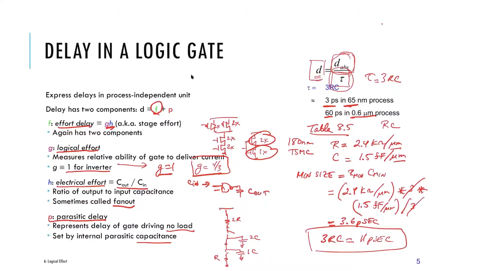So if there's nothing being driven, we still have this 3C's worth of capacitance. So without it driving anything else, you have this parasitic capacitance. So the upshot is, you end up with a factor that represents what you're driving and how difficult it is for you to drive it, and then a factor that describes how much parasitic capacitance you have.